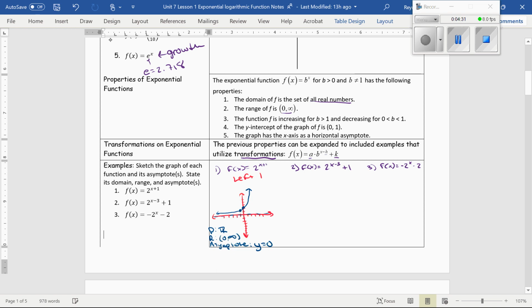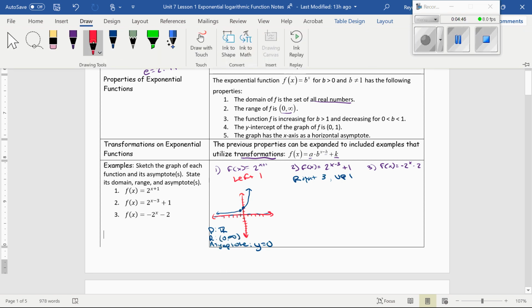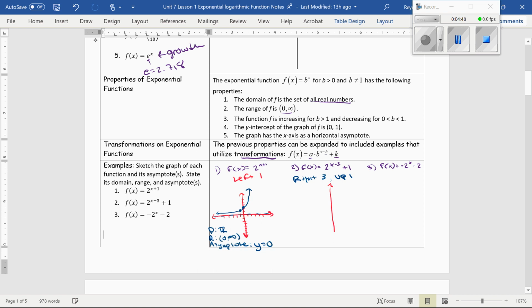So like with this one, we're going right 3 and up 1. And because of that vertical shift, it changes where our asymptote is located. And so on your graph, you're going to have a horizontal asymptote at y equals 1, because we're going to shift that whole thing up 1.